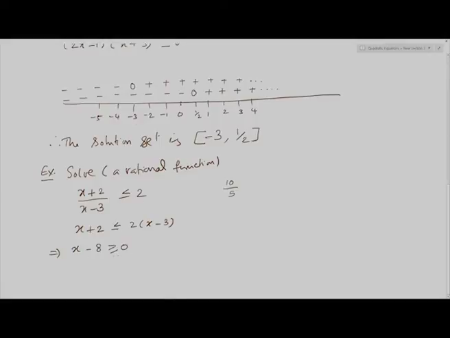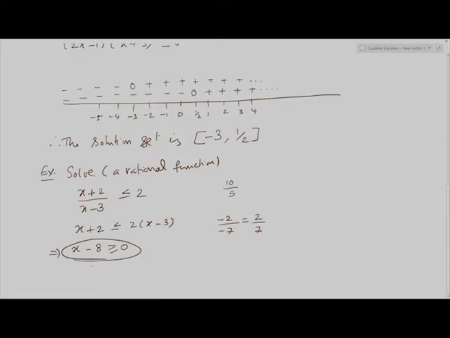Therefore all x greater than or equal to 8 are solutions, but it is not the complete solution. For instance, if I put x = −4, it becomes −2 divided by −7, which is 2/7. So x = −4 also is a solution, but it is not given by this inequality.